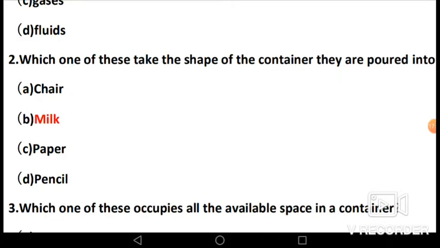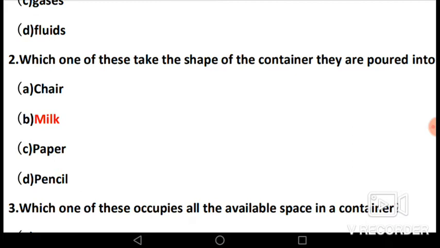Now let's see second MCQ. Which one of these take the shape of the container they are poured into? Option A, chair. Option B, milk. Option C, paper. And option D, pencil.